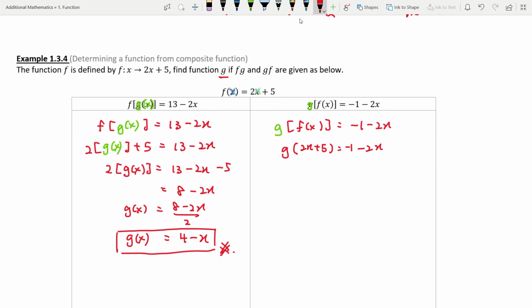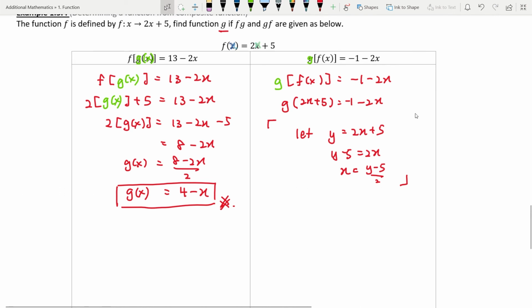The next step is we have to make the object or the variable into one singular variable. This is a side working. Let y equal to 2x plus 5. Then we make x the subject. y minus 5 is equal to 2x. x equal to y minus 5 over 2. This information will be useful later on.